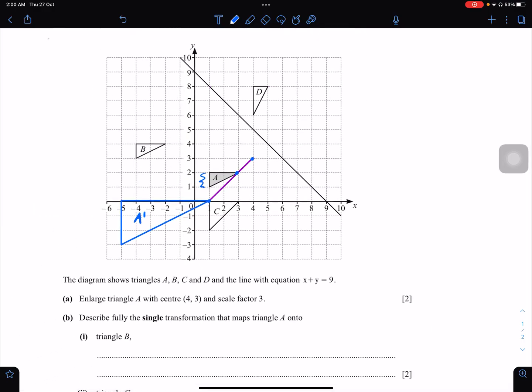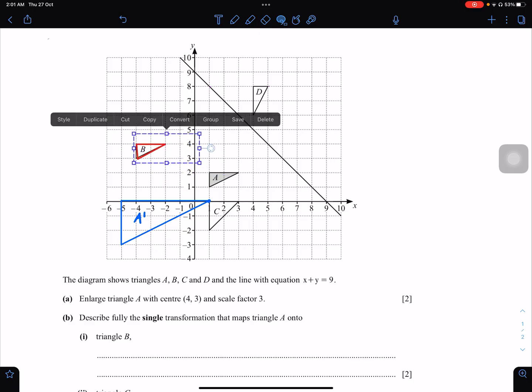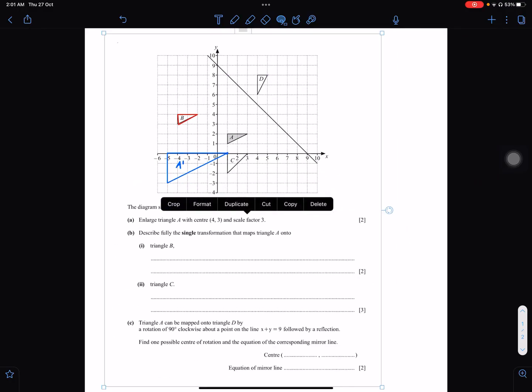Part B: describe fully a single transformation that maps the triangle A onto the triangle B. Now, if you look at triangle A here and triangle B, they have not changed at all. In fact, I can just displace triangle A onto triangle B, and whenever displacement comes into the picture, it is basically a simple translation.